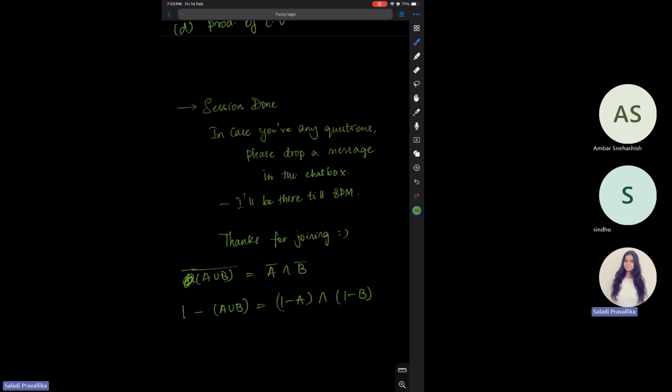Sorry, just a second. Okay, is it clear till here? So now if I want A union B, that will become 1 minus (1 minus A intersection 1 minus B), right? This is called the complement of union.